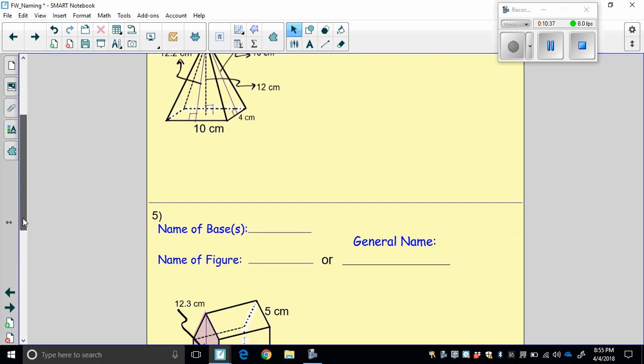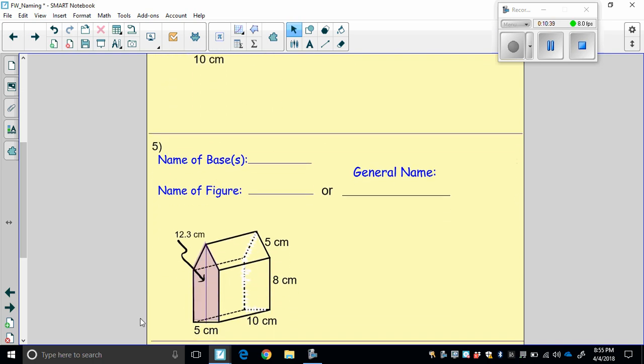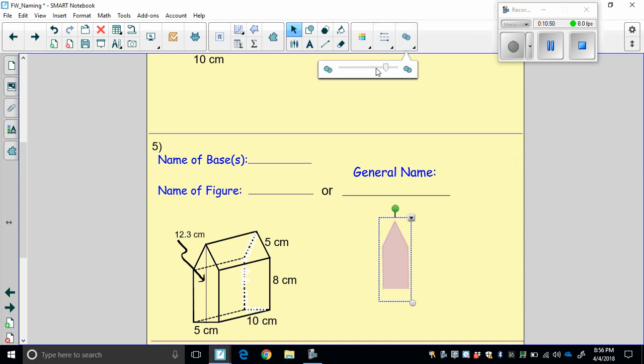And then this last one here, a little trickier. This base has 5 sides. If you look at it a little bit less see-through, that's a pentagon. And then when you look at the other faces, these are all rectangles, so that's still a prism.